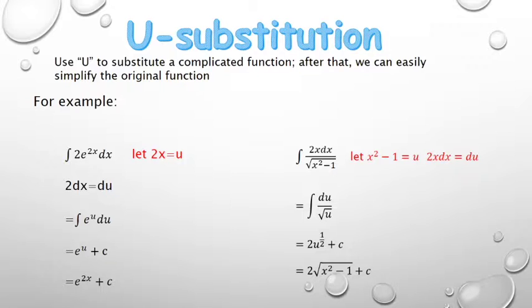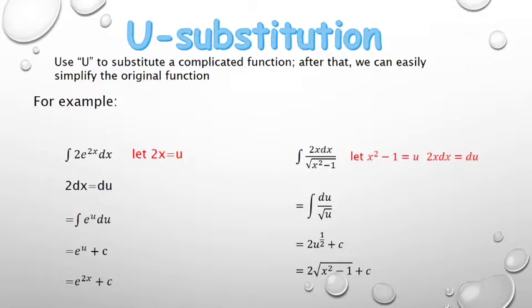Another example we have here is integration of 2x divided by root of x squared minus 1 dx. Let's let x squared minus 1 equal u, so 2x dx equals du. After changing everything and substituting into the function, we get integral of du over root of u.